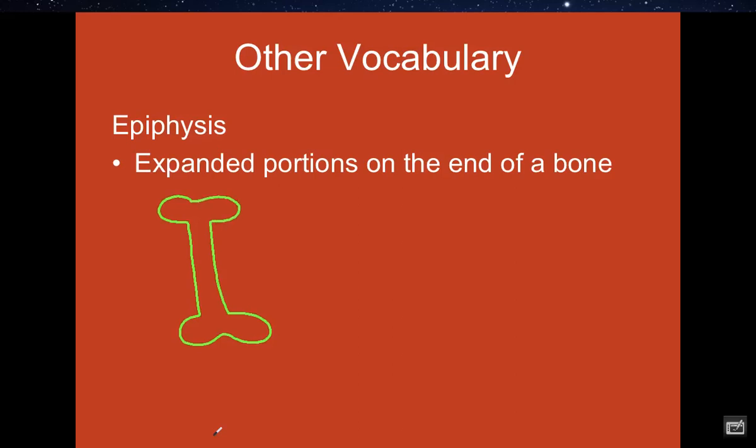All right, so there's a bone. This section here is the diaphysis. That is the shaft of the bone. Up here, those expanded portions, is the epiphysis.